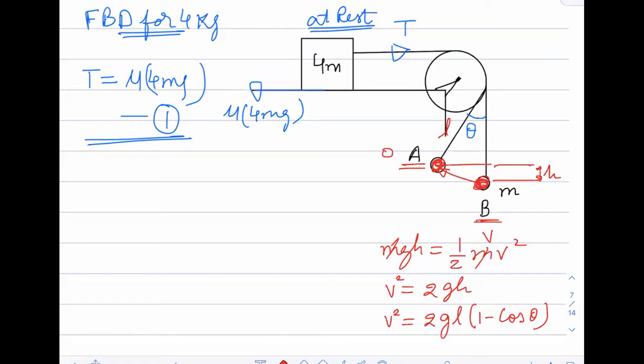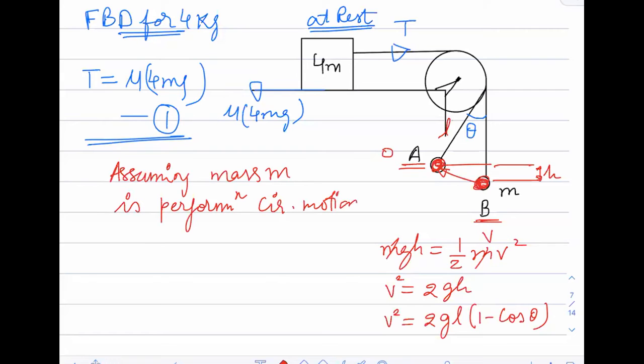So assuming mass m is performing circular motion, I can write tension T minus mg will be equal to mv square by L.